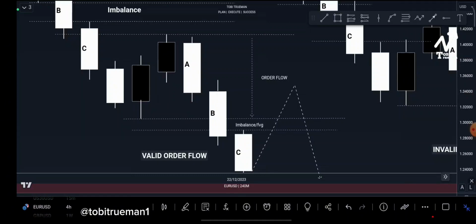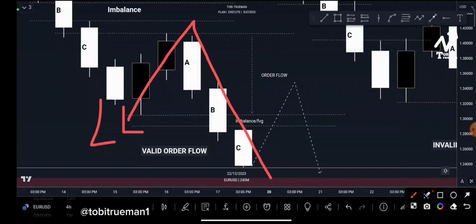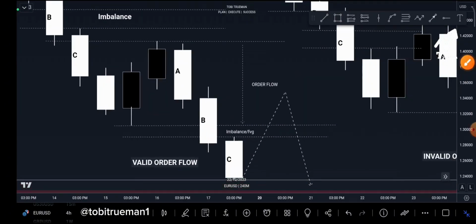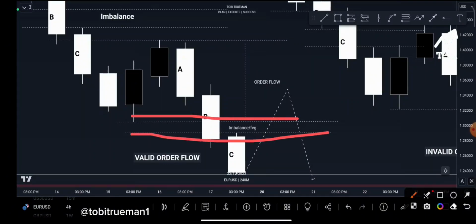Now let's take a look at the candle formation. When price makes a corrective move, then price comes down to break this lower low. You can see that it was candlestick B that broke the lower low, right? Candlestick B broke the lower low, then candlestick C formed after candlestick B, right?